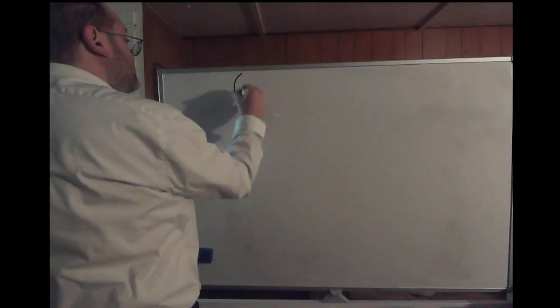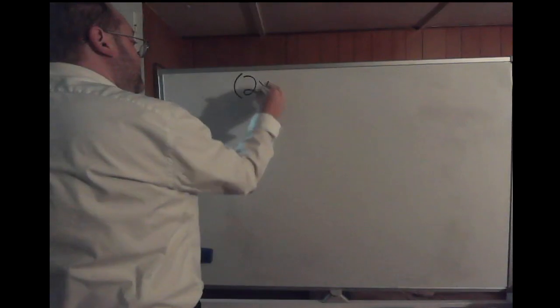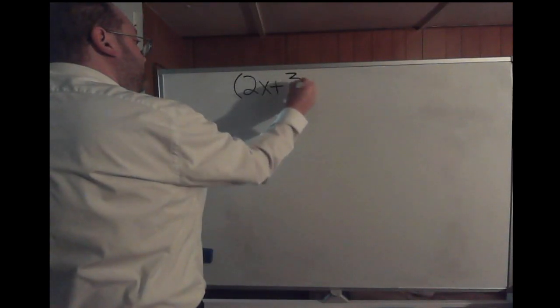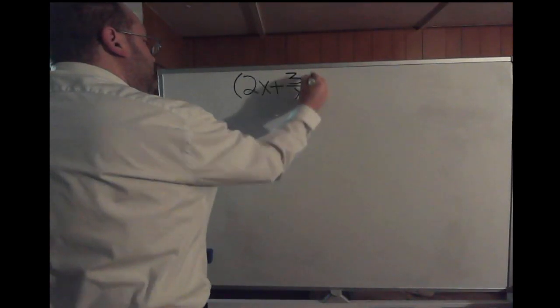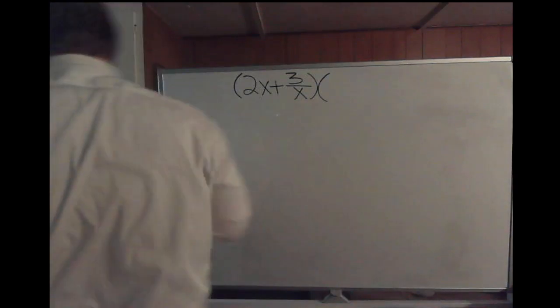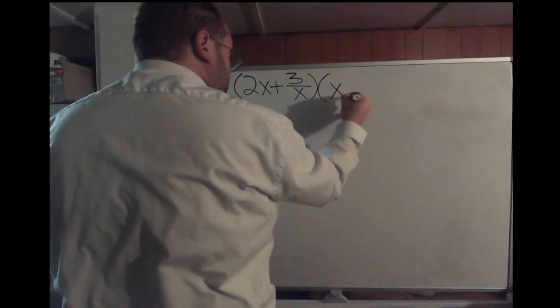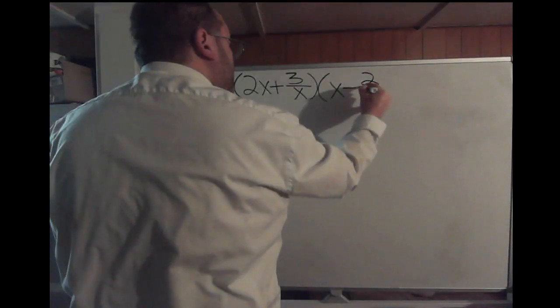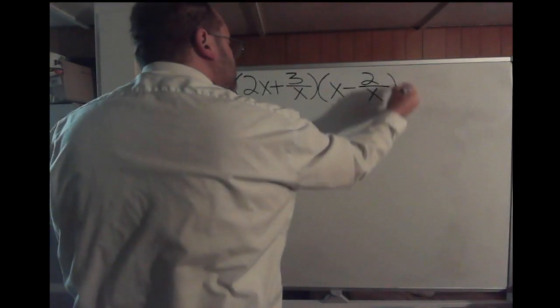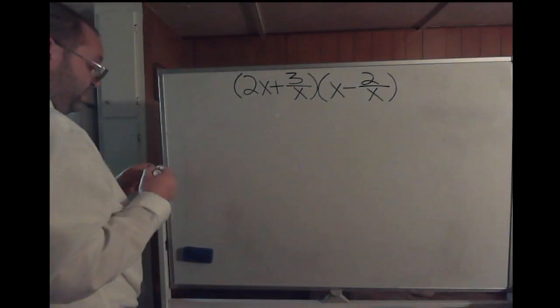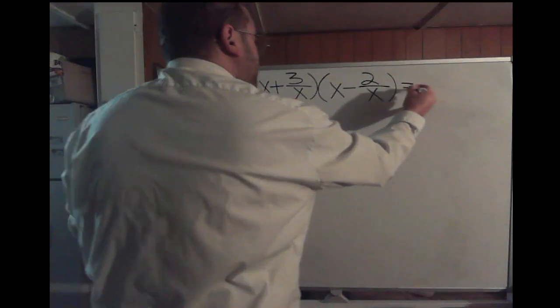All right, let's see. We have 2x plus 3 all over x times the quantity of x minus 2 all over x. So we've got to do our foiling here.